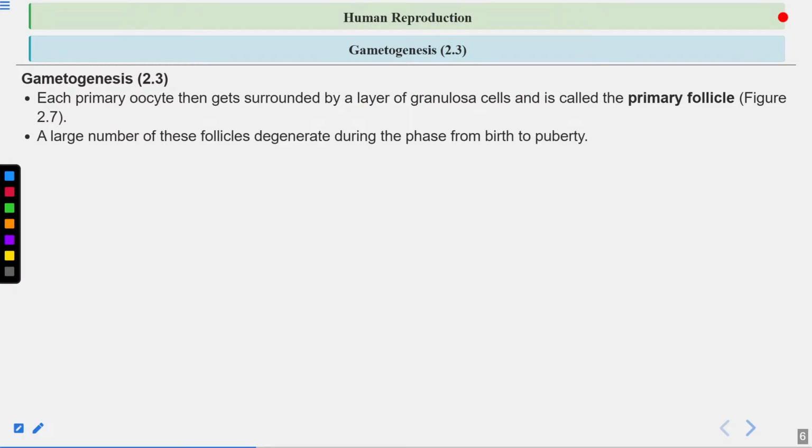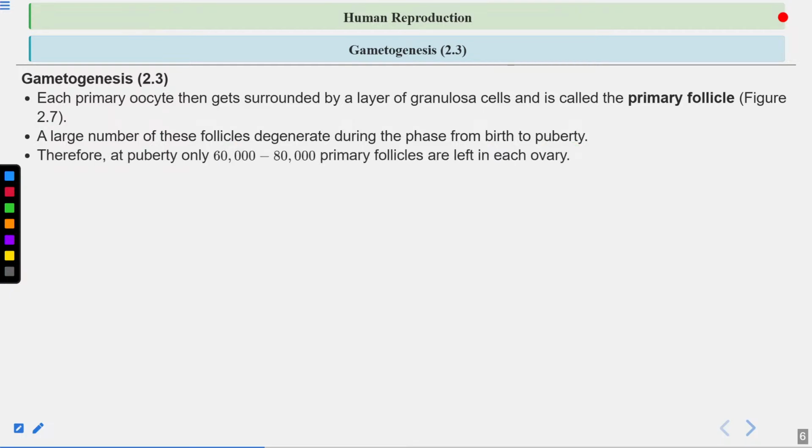Now, a large number of these follicles degenerate during the phase from birth to puberty. A lot of these primary follicles degenerate from the time of birth to puberty. Initially, millions of these primary follicles are formed, but slowly they degenerate till the female attains puberty.